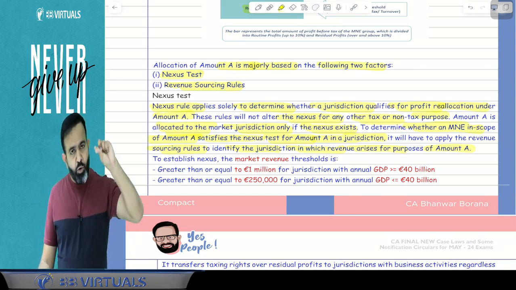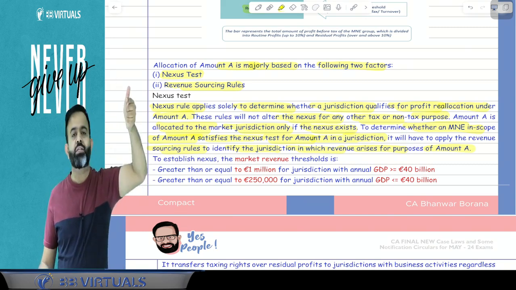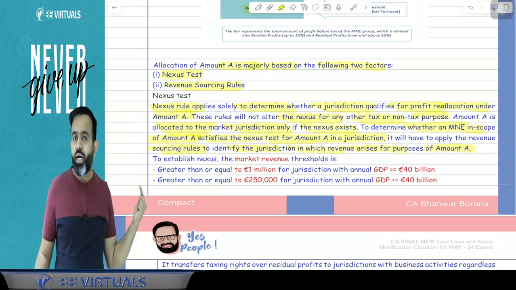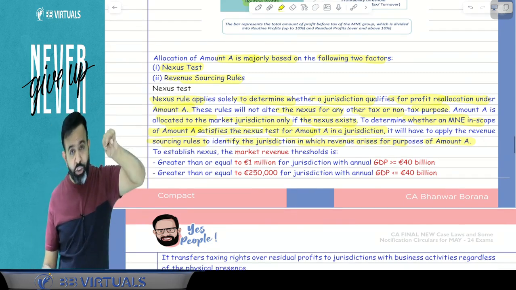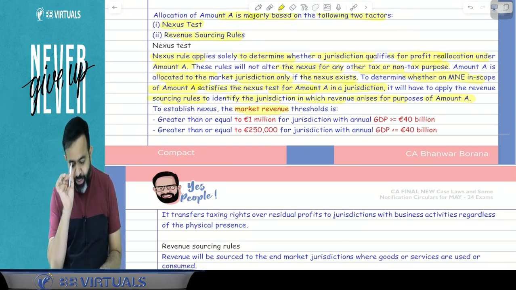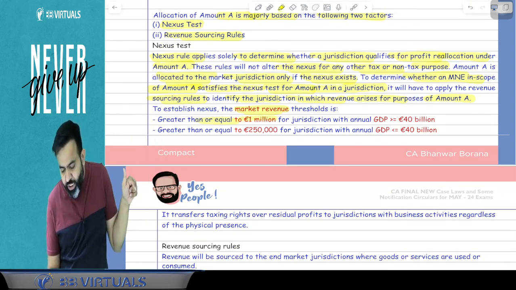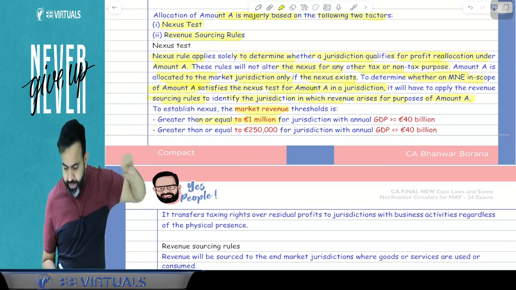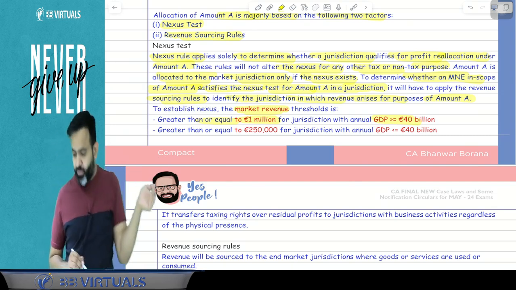Now guys, out of this excess profit, 10% is routine, and in excess of 10%, 25% will be allocated to the other countries. But guys, this will be allocated only to those countries from which this MNE is getting market revenue, and their market revenue from that country is greater than or equal to 1 million euros, when that country's GDP is more than 40 billion euros.